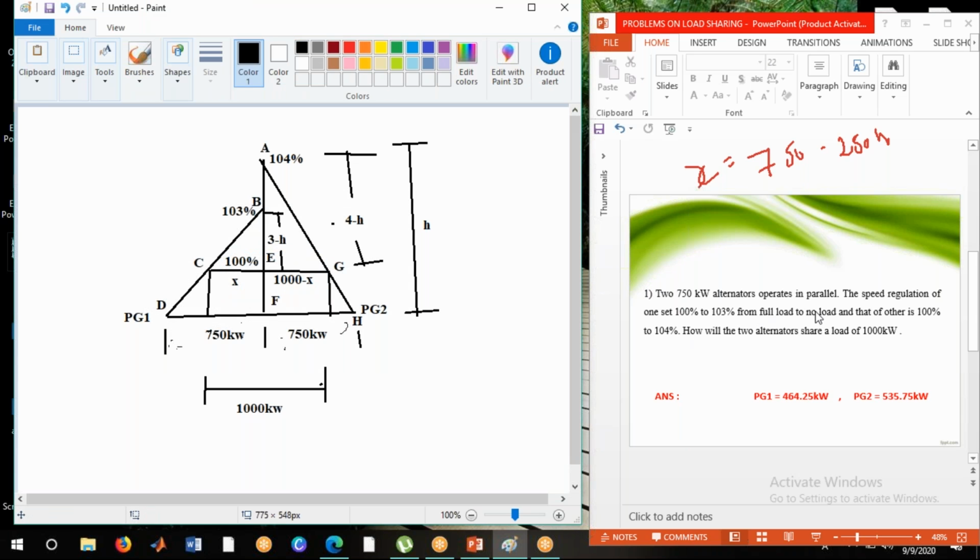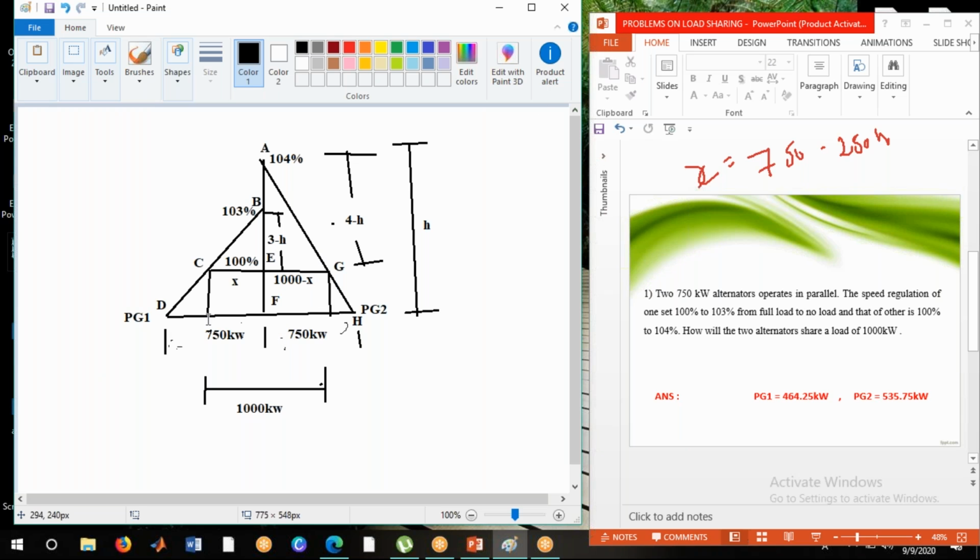See, in the problem they gave the speed regulation of one set as 100 to 103%. It means that PG1 is increased from 100 to 103, and PG2 is increased from 100 to 104%. Now, from this diagram, we have to find the sharing of PG1 and PG2.